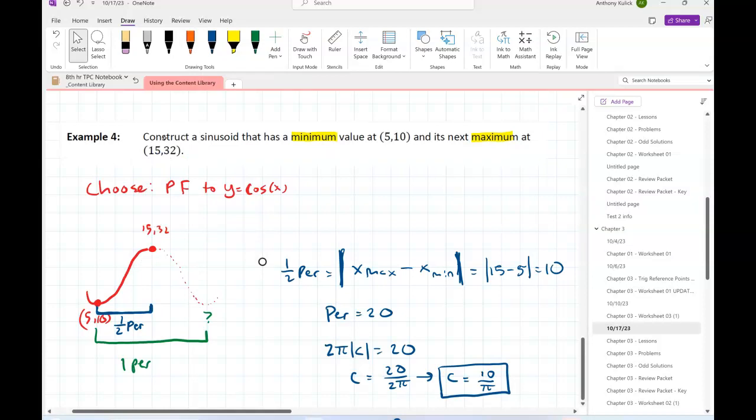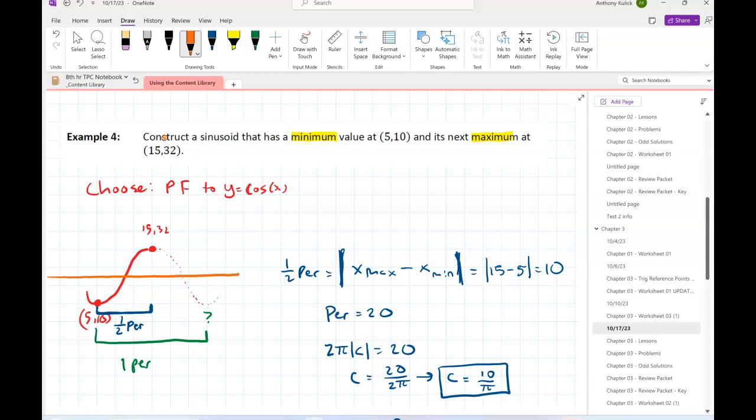So far, so good? My midline should be right there, correct? So that equation for the midline should be halfway between the 10 and the 32.